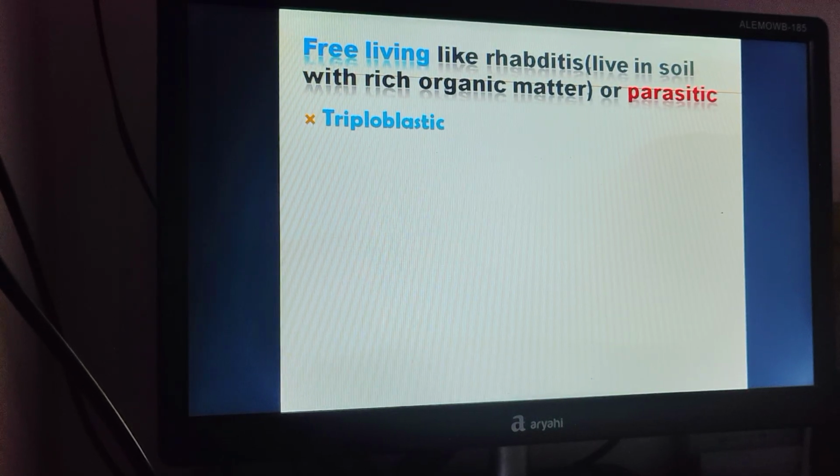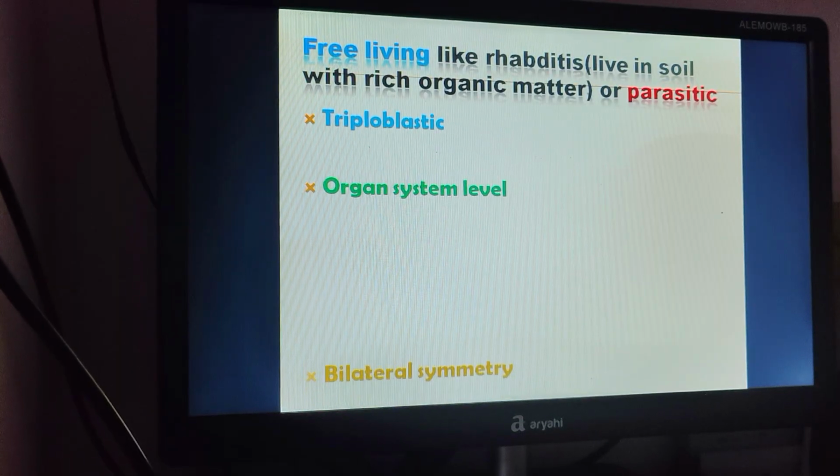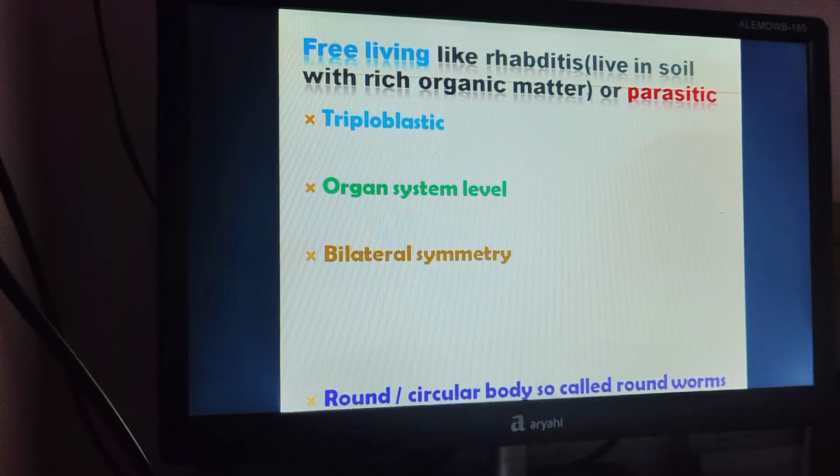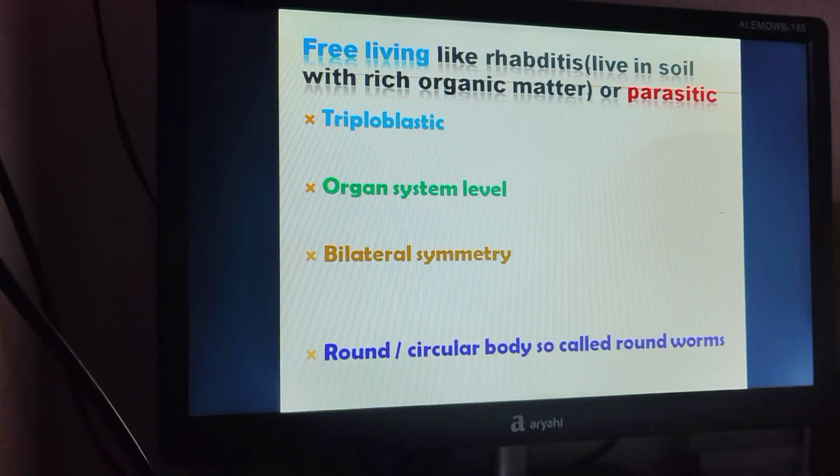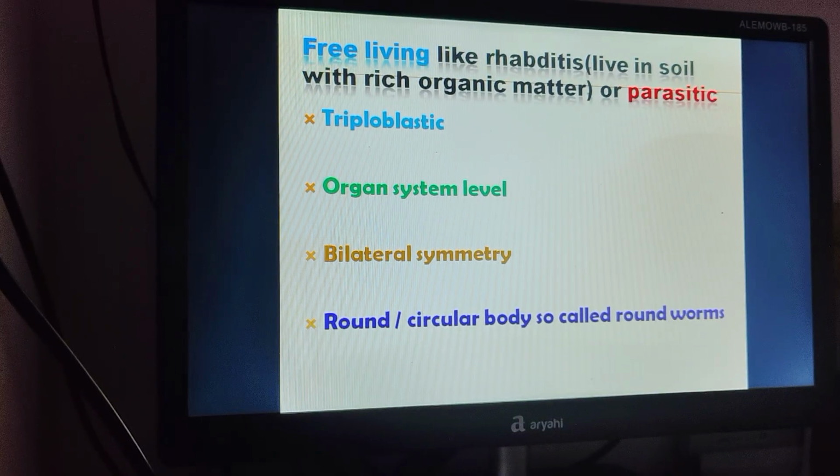Now onwards we will see organ system level, and they are triploblastic organisms. Next, they are bilaterally symmetrical. As I said, their body is round, or otherwise circular or cylindrical. So they are generally called roundworms.